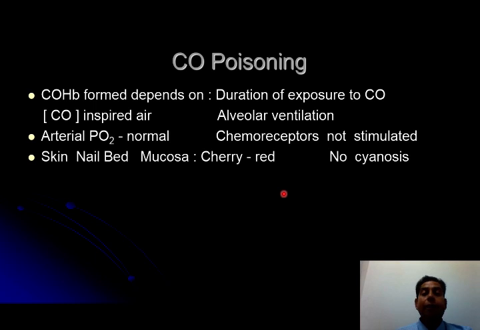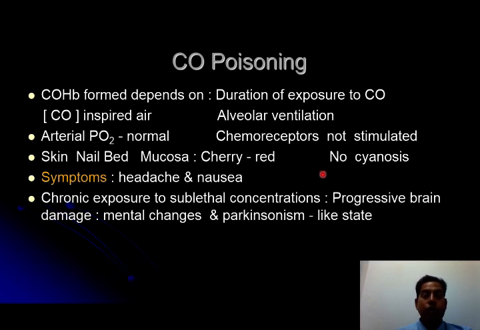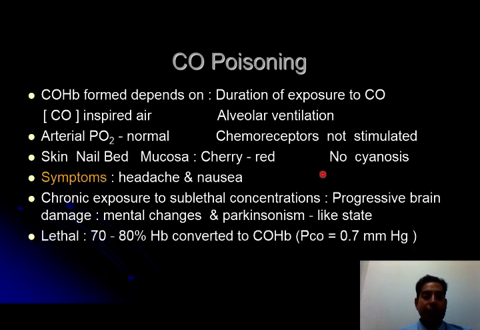Skin, nail beds, and mucosa appear cherry red, and there is no cyanosis. Symptoms will include headache and nausea. Chronic exposure to sublethal levels can cause progressive brain damage. It can bring about mental changes and Parkinson-like symptoms, which include tremor, rigidity, and akinesia.